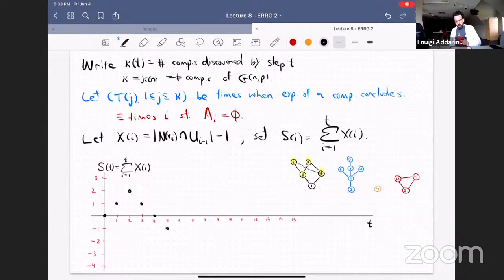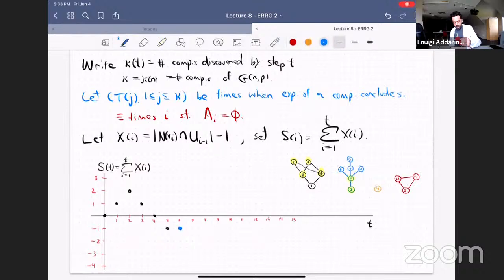Okay. Now we start at the next step from vertex 3. When we explore the neighbors of vertex 3, we find 1 new vertex, so the walk increases by 1 minus 1, it stays unchanged.